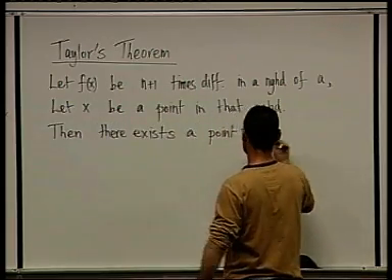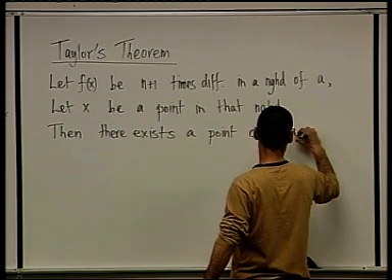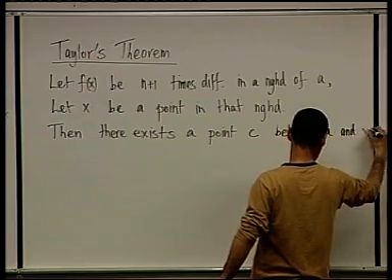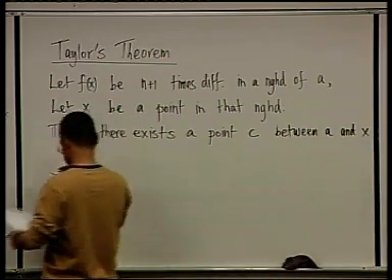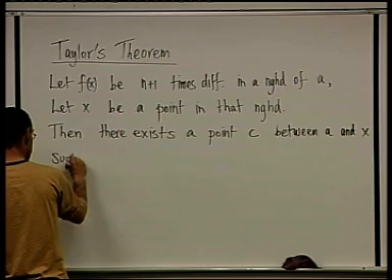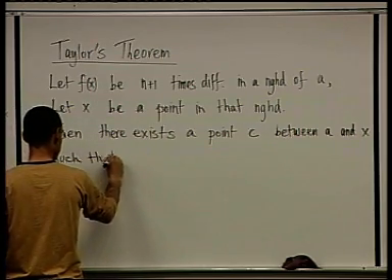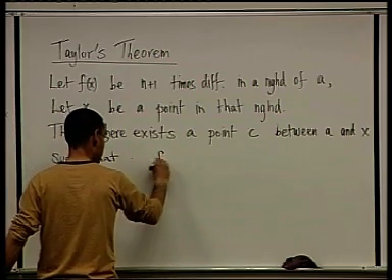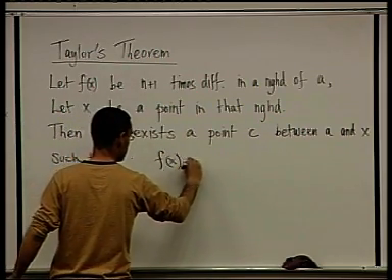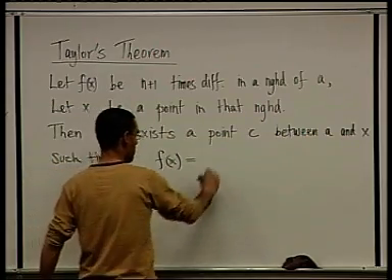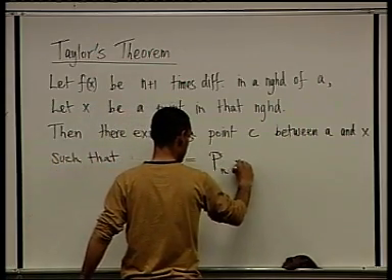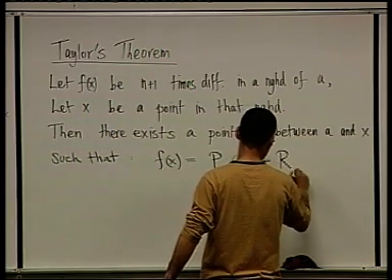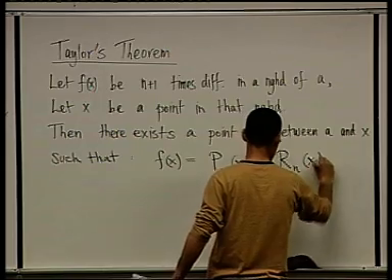There exists a point C between a and x such that f of x equals Pn of x plus Rn of x.